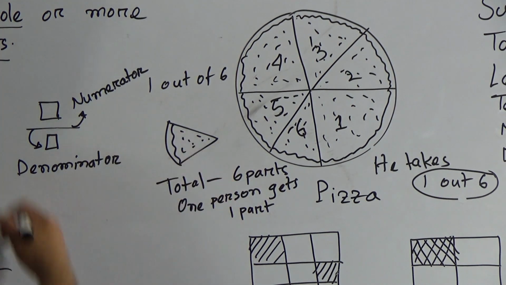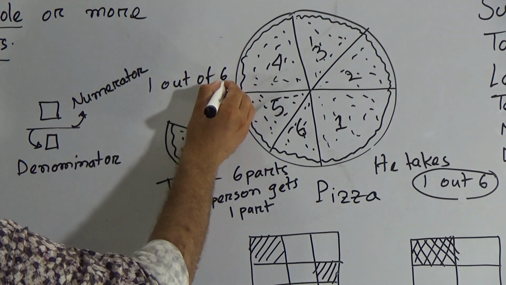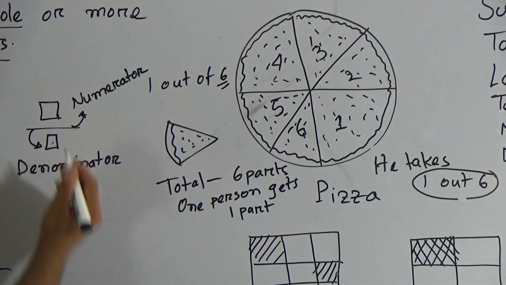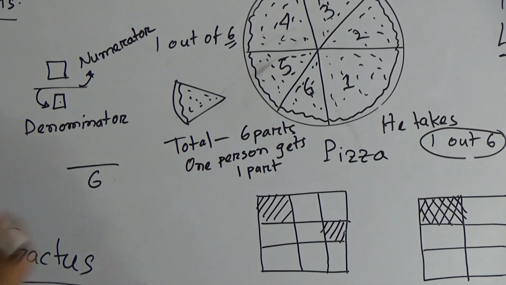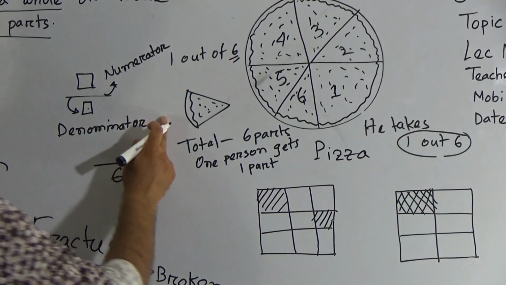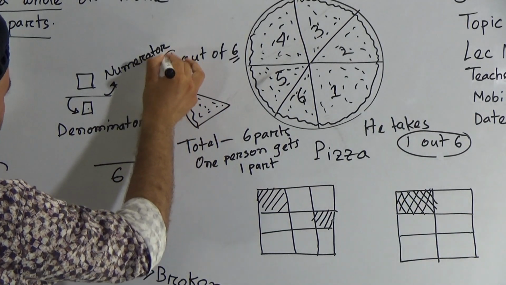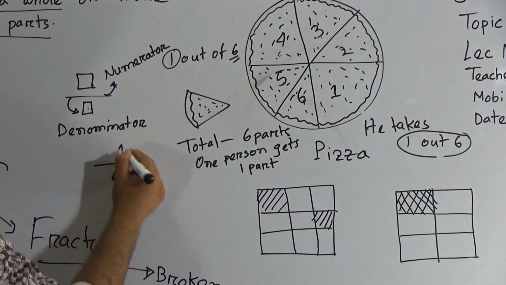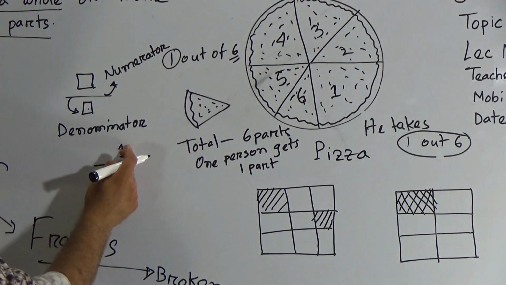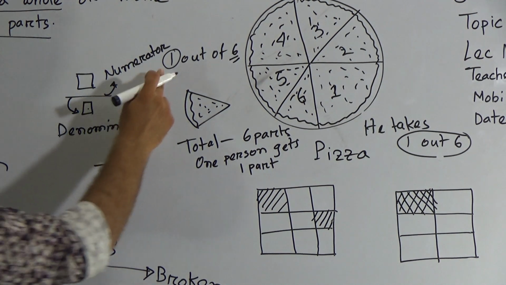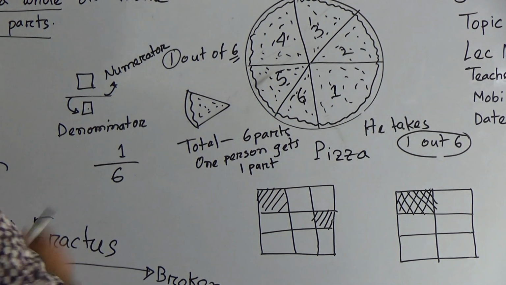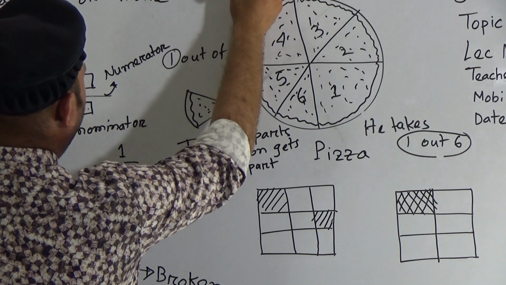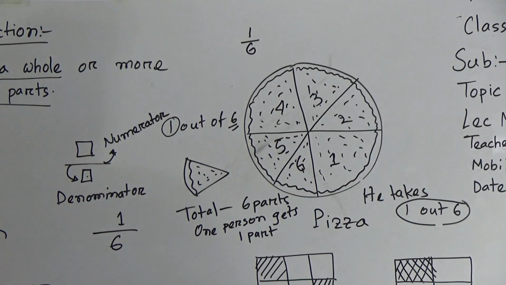So the total, or full portion, will be the denominator. Here 6 is the total part. And how many parts does the man take? Here is 1 part, so 1 will be here. So it is 1 upon 6, or we can say 1 out of 6.